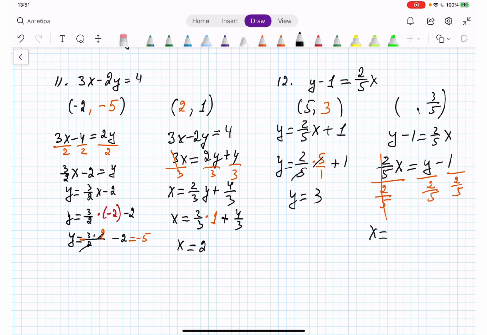So we can cancel, and then what do we get? x is equal to y divided by 2 over 5. It's equal to 5 over 2 y, minus 1 divided by 2 over 5, which is 5 over 2, because when we divide by a fraction, we flip it. Yes? Okay.